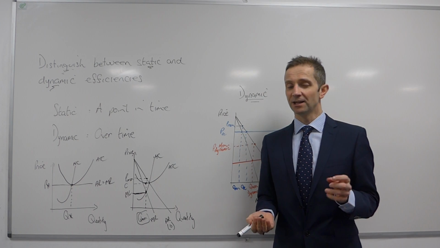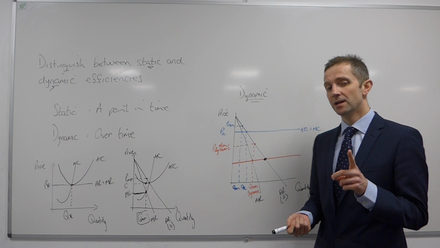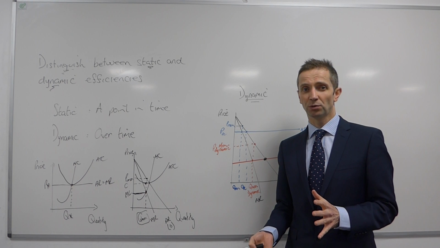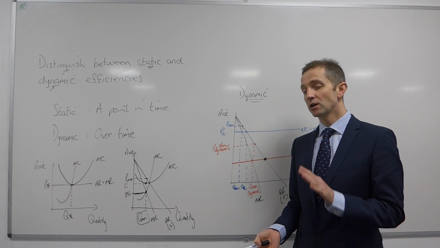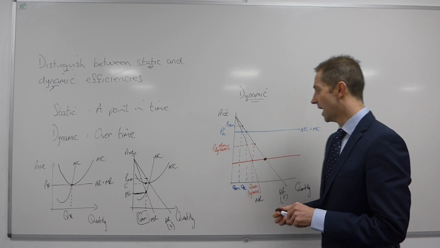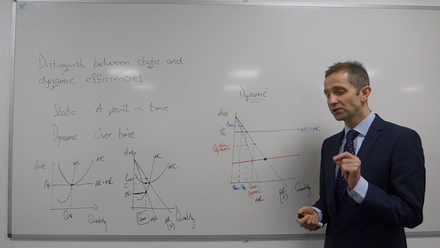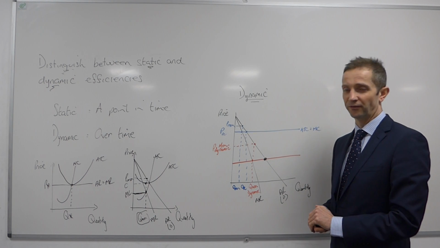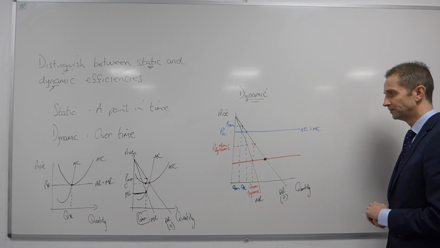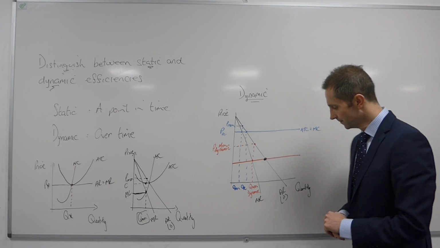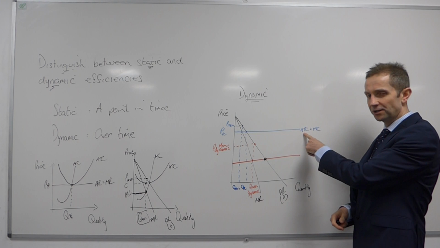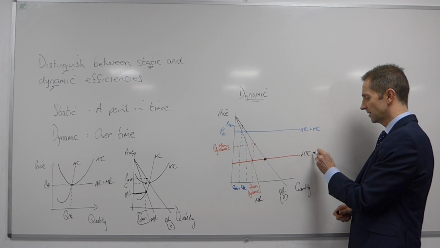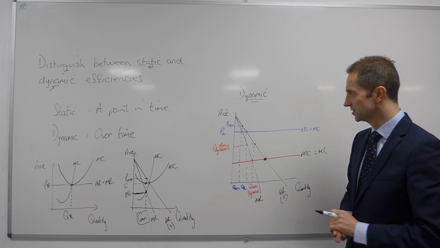What we're showing here is how the monopolist over time can use its abnormal profit to invest in R&D, consequently improve its efficiencies, consequently lower costs, and ultimately maybe charge a price which is less than the price originally charged by the perfectly competitive firm. So I'll show you what I mean on this diagram.